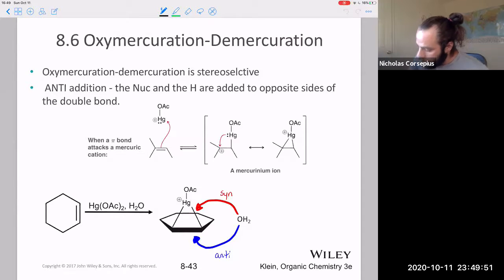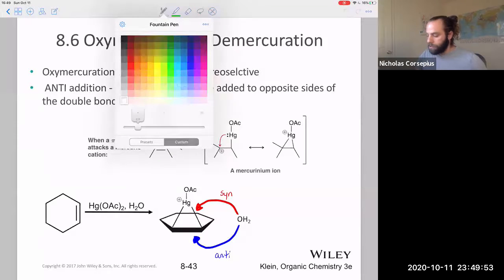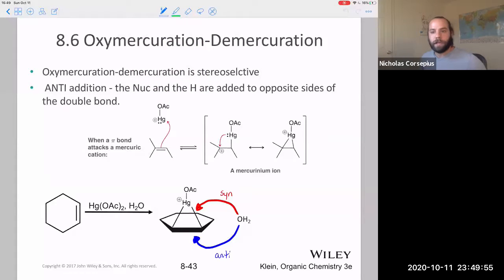The intermediate here, how these reactions go, and you don't have to memorize the reaction mechanism for this one, but it helps to explain why it's regioselective. So let's just see what I mean by that. It actually goes through this cyclic mercurium ion intermediate.